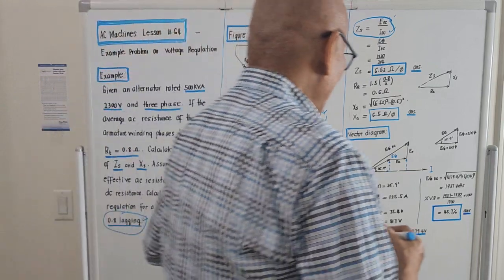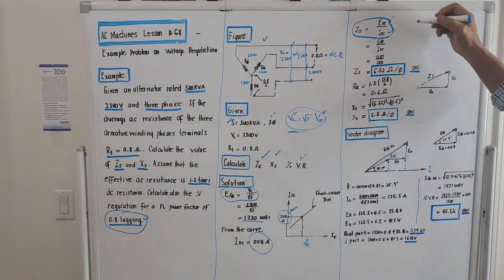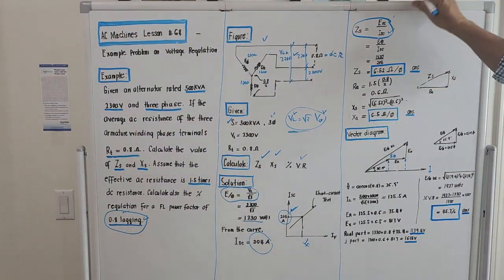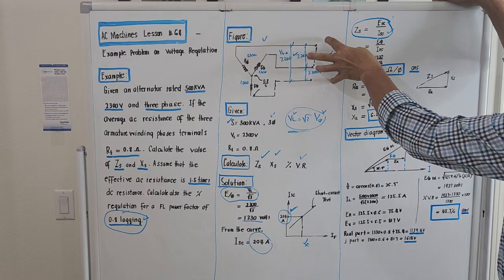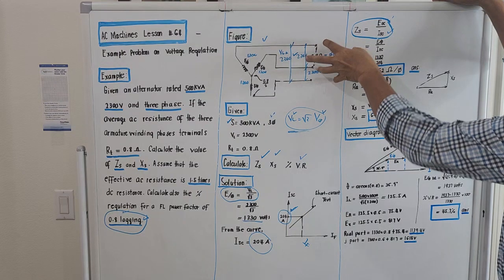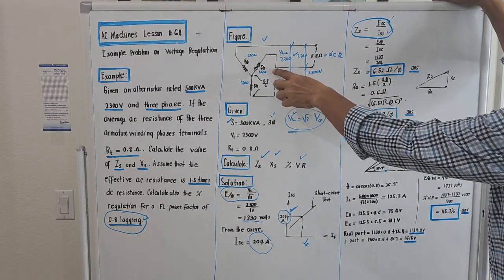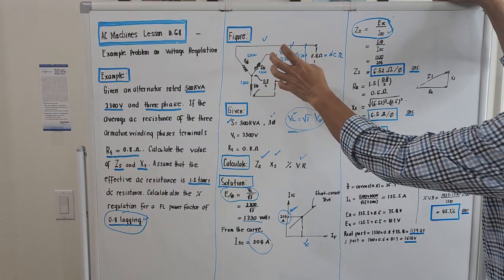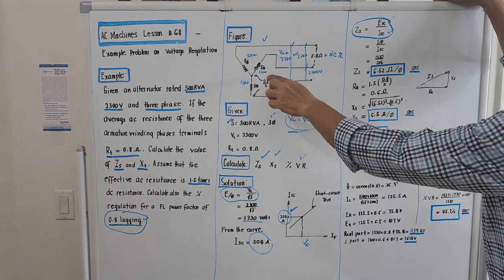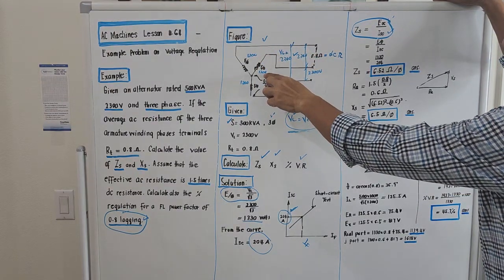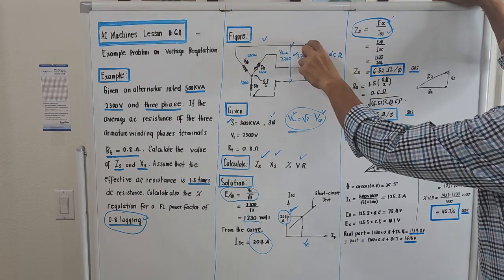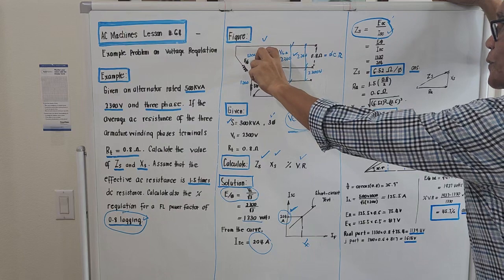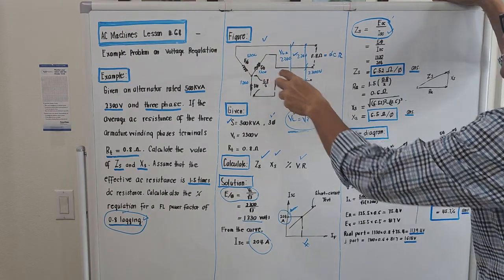Okay, so now we know the short circuit current. How about the open circuit voltage per phase? If there is no load, and we compute the open circuit voltage, what will come out will be 1,330, right? There's no load, so if the line to line is 2,300, the voltage per phase of the open circuit will be 1,330.